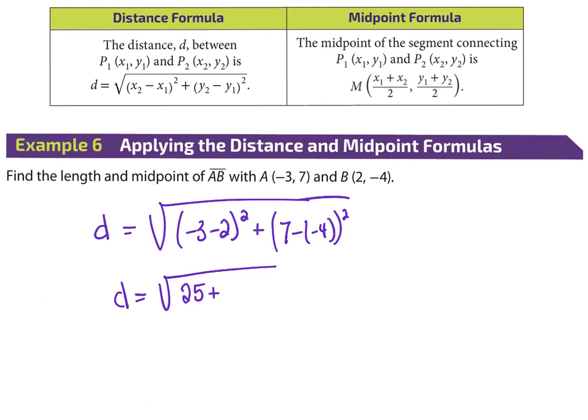Squared is 121. Square root of 146 does not have a perfect root. We're just going to leave it like that. That is my distance. That's how long the line segment is that's created by those two points.